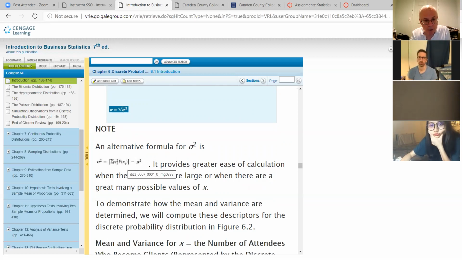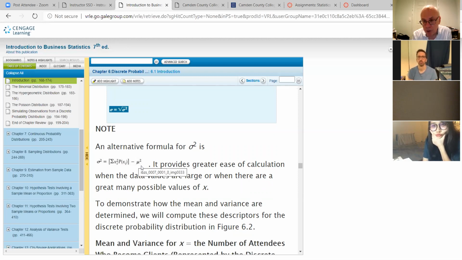I just think this alternative formula loses its intuitive meaning. Because the original meaning is that it's the probability times the squared deviation from the mean, and you add them up. That's your variance. You look at this and you say, what the heck does that mean? I mean, how do you say this in words?